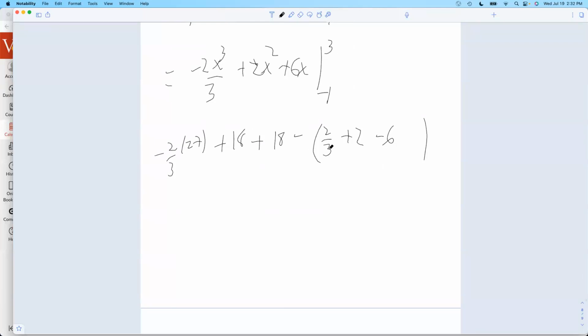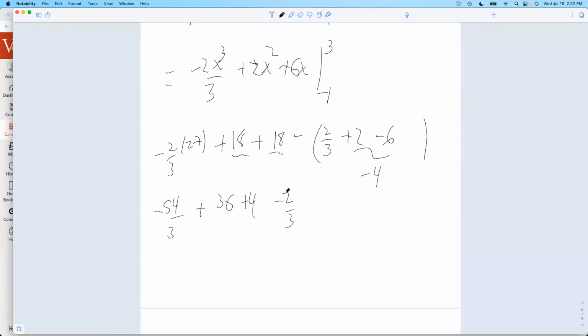All right, since I've already got thirds in there, I'm not going to cancel there. I'm going to call that -54 over 3, and I'm going to add those 36. Let's see, that's -4 times a negative will be +4 and then -2/3.